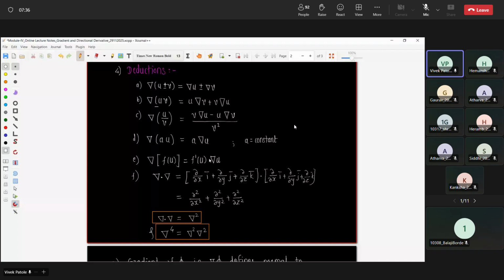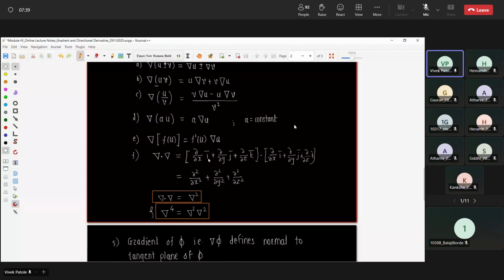Then del dot del. If I consider the dot product of this operator, we get ∂/∂x of ∂/∂x, because i bar dot i bar gives ∂²/∂x². The remaining two terms will be 0. Then plus ∂/∂y of ∂/∂x into j bar dot i bar, so it will be 0.